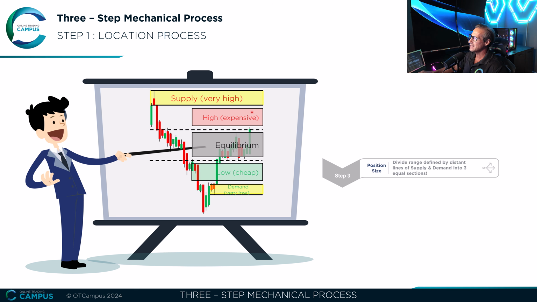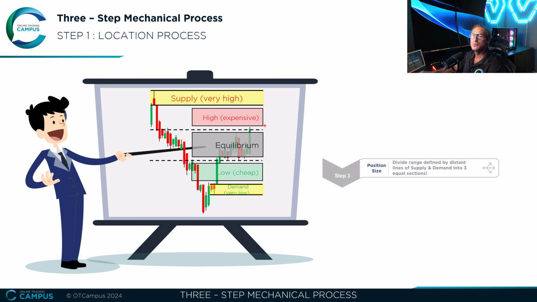And then you see exactly, you get 5 different areas. You get high and very high, or in other words, expensive and very expensive, which is the whole area up here. And this is the area where, if price comes up here, you look to short.